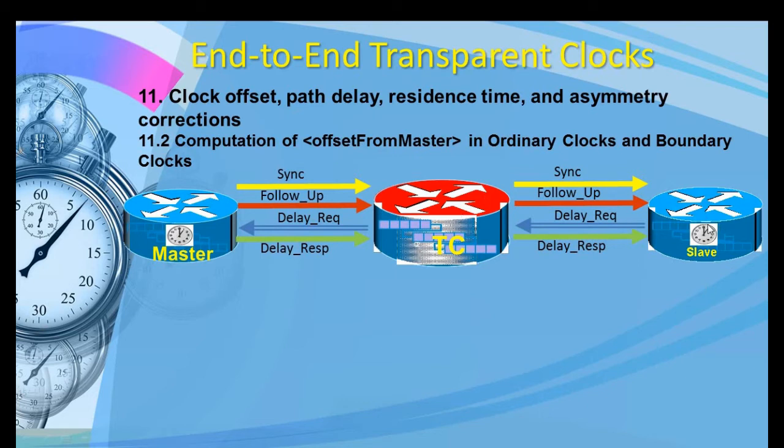After the slave side receives these two messages, it sends out a delay request going through the transparent clock, received by the master side. Next, the master, after receiving the delay request, sends out a delay response going through the transparent clock, and then received on the slave side.